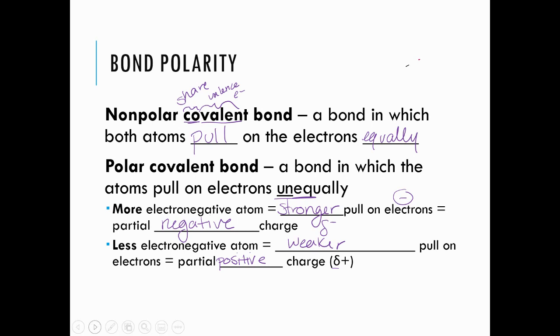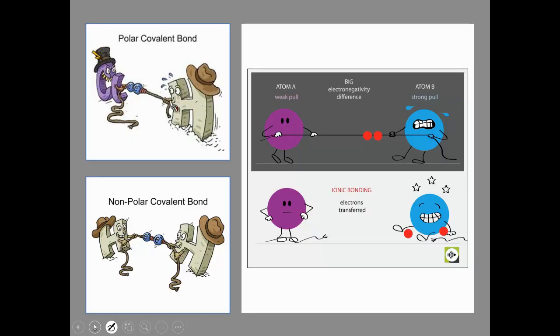Let's look at some pictures to illustrate this a little bit more clearly. So up in the top left, we have a picture of a polar covalent bond, an illustration rather. This is not what it actually looks like. But you can see since chlorine is the more electronegative atom, it's going to have that partially negative charge.